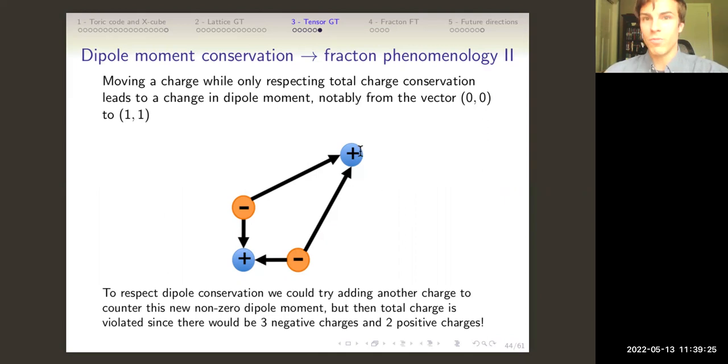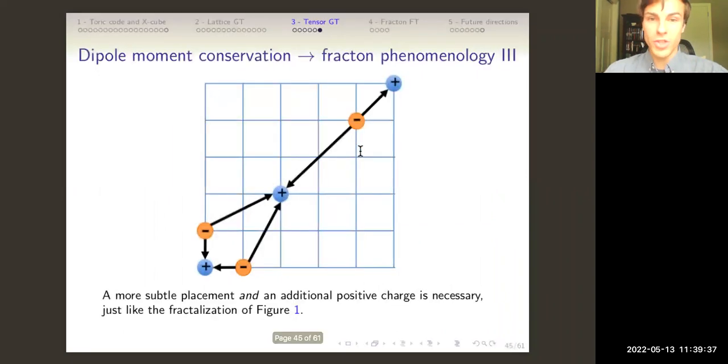That would return us to a zero dipole moment, but now we would have three negative charges and only two positive charges. So it's much more subtle. Moving one of these fractons, we end up creating two in the process. Instead of naively having this down here to respect the dipole moment, we also have charge conservation, so we need to add this in a more subtle way.